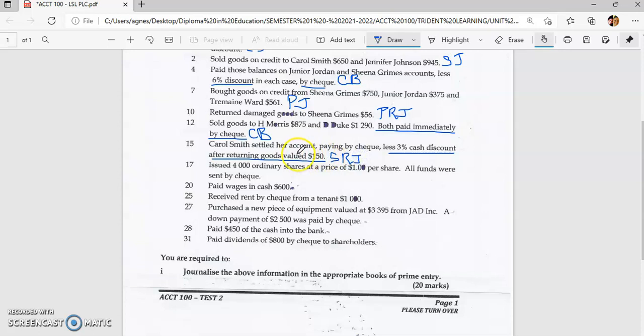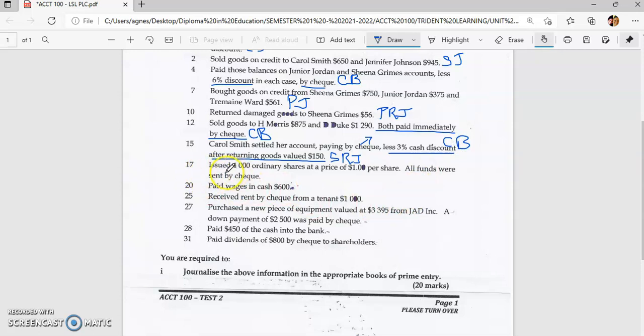And since she's paying her account by check, this payment with respect to the cash discount will be recorded in the cash book because it's a cash related transaction. Then on the 17th, we are now getting to the issuance of shares.